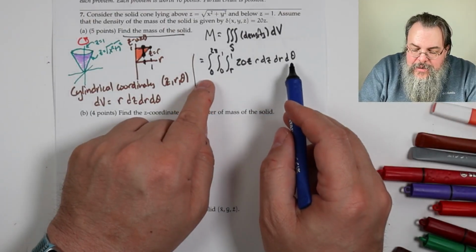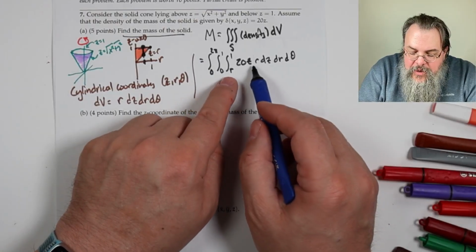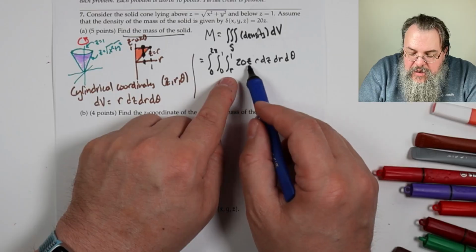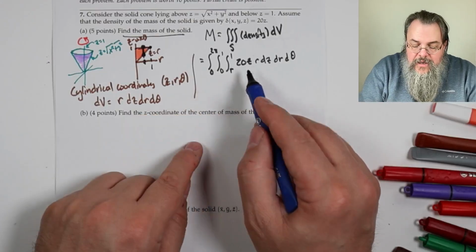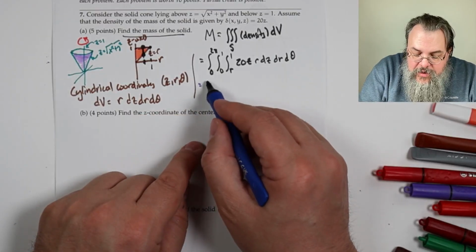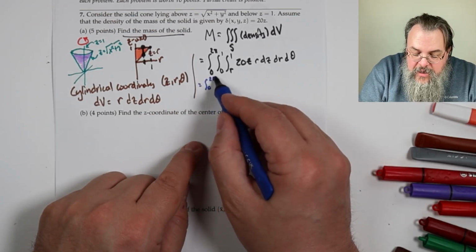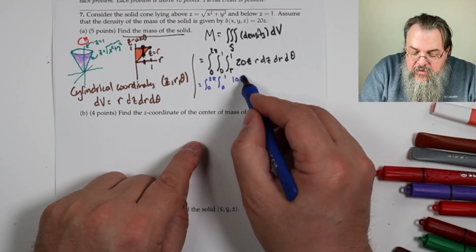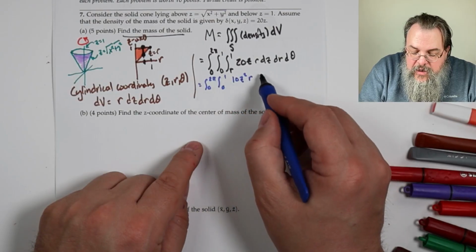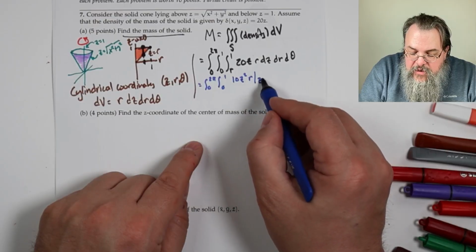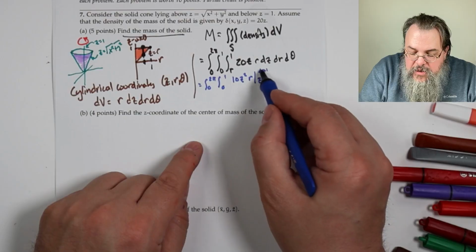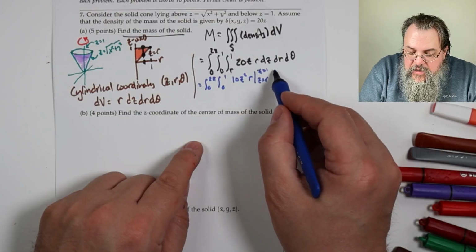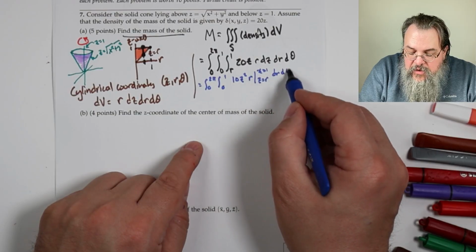So let's start on the inner layer. Integrate with respect to z. Well, the integral of 20z is 10z squared. So integral 0 to 2 pi, integral 0 to 1, 10z squared r, and then we're going to evaluate z equals r to z equals 1, dr d theta.